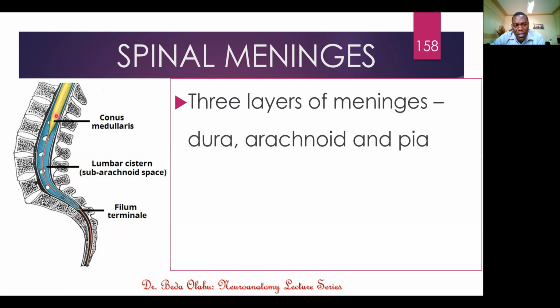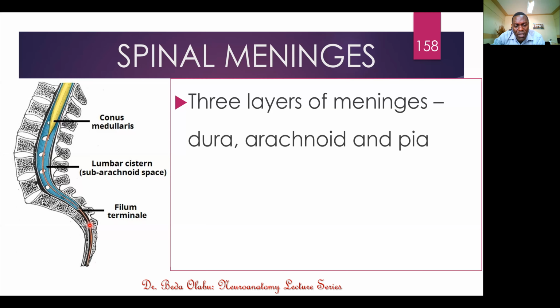The pia mater of the spinal cord usually will attach intimately to the spinal cord. And originally that pia mater was extending all the way and attaching to the coccyx as well. But what happens to that pia mater as the spinal cord shortens? The region where the spinal cord is no longer there because the spinal cord has shortened will still have pia mater.